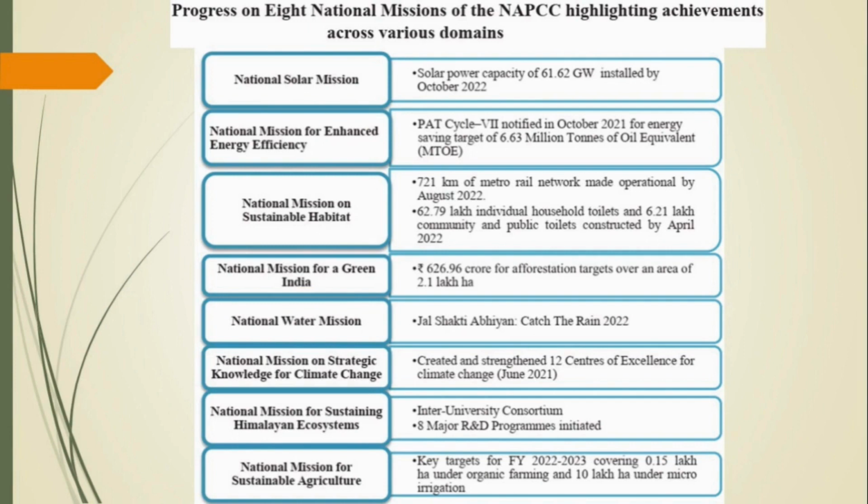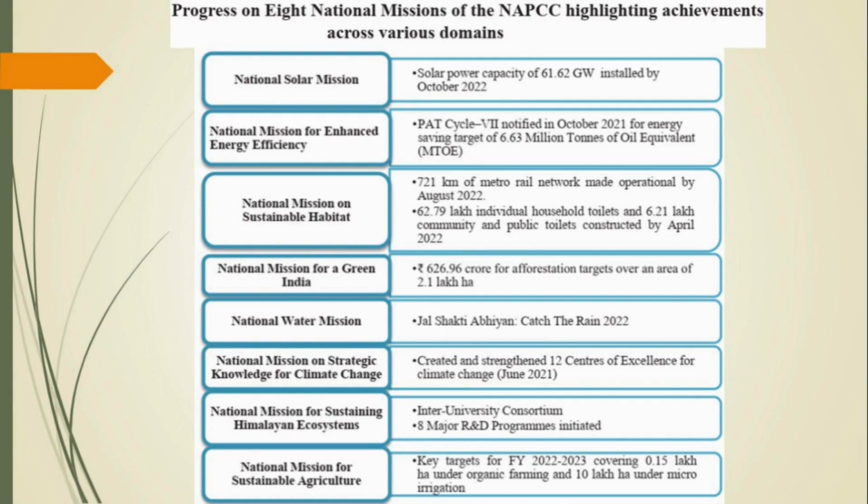PAT cycle 7 was notified in October 2021 for an energy saving target of 6.63 million tons of oil equivalent. PAT is actually a kind of energy efficiency certificate, like perform, achieve and trade certificates. So it is talking about that cycle which is called the PAT cycle.